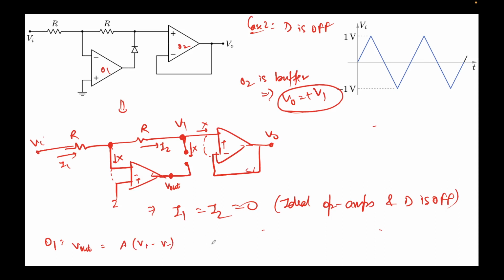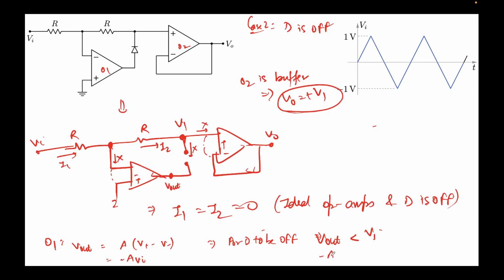For D to be off, it has to be reverse biased, so we can see its positive terminal has to be lower than the negative terminal. This implies that V out must be less than V1, correct? So what's the value of V out? V out is nothing but A times V plus minus V minus, and in this case V plus is nothing but 0 and V minus is nothing but V in, right?